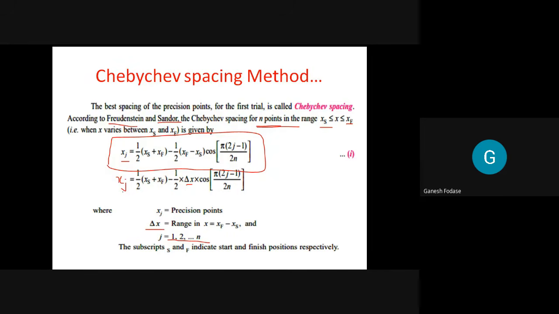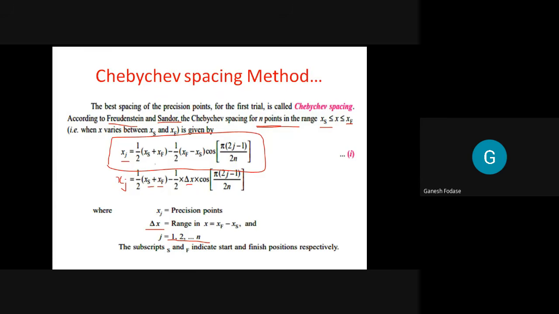When I'm finding x1, xs remains the same and xf remains the same. The only difference is that if j is equal to 1, we have to put 1 here, so 2 into 1 minus 1. If j is equal to 2, then it will be 2 here. So we can find x1, x2, x3 up to n points. How many precision points we can find depends on how many are given. It will be n precision points.